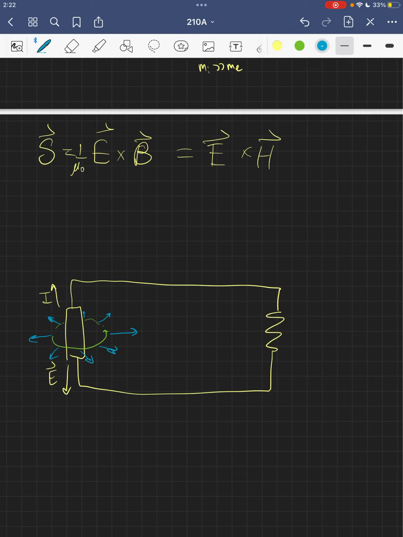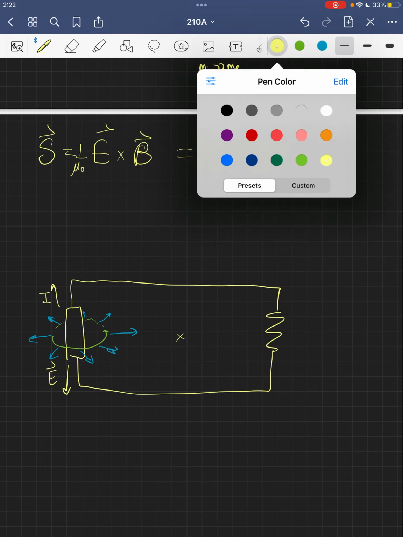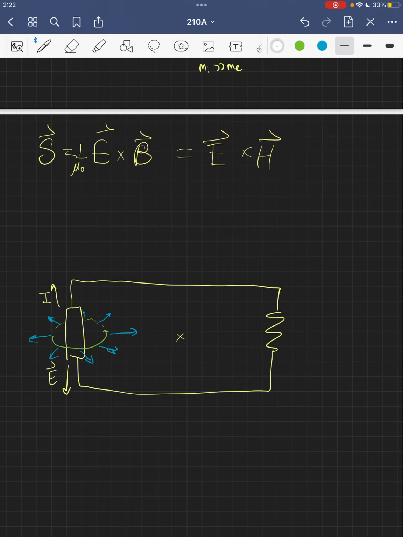All along the center portion of this circuit here, your electric fields would be flowing into the page, right at the center. Let's draw a slice of this whole thing.